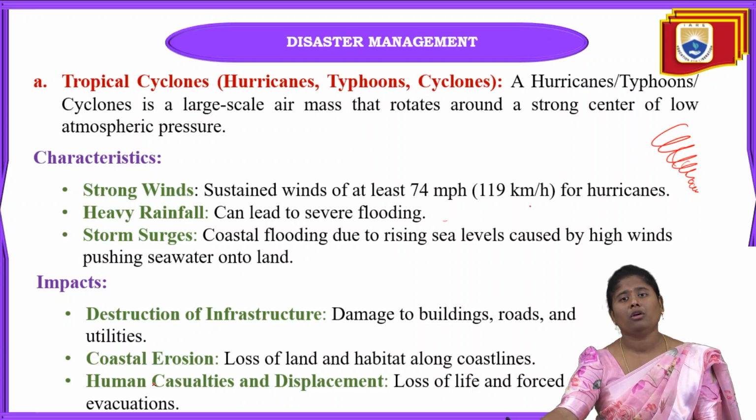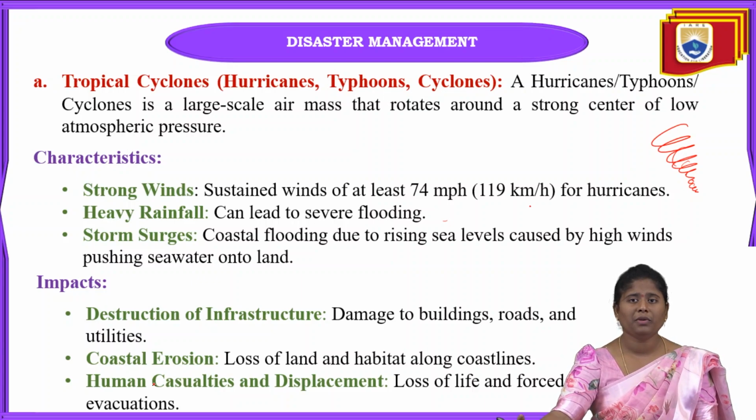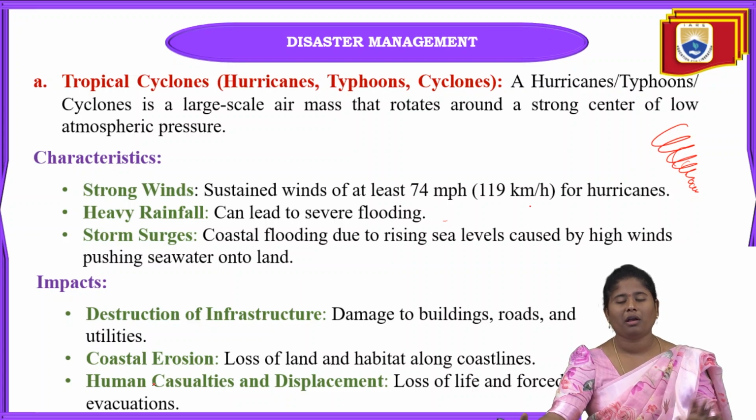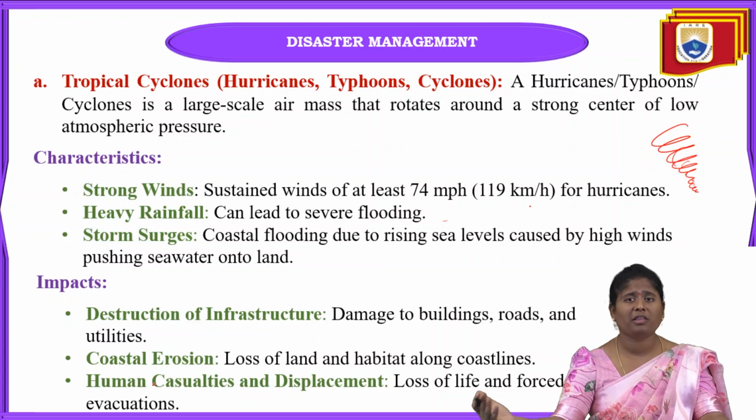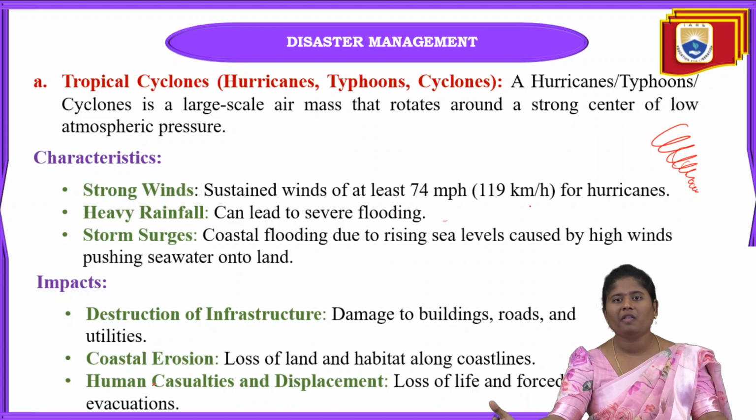And next is human casualties and also displacement. There will be so much loss of life, and some people are going to migrate temporarily from one place to another, and some forced evacuation will be there. Why?